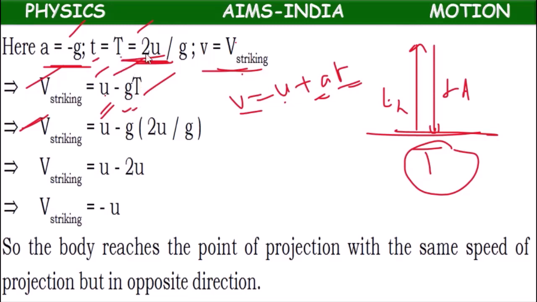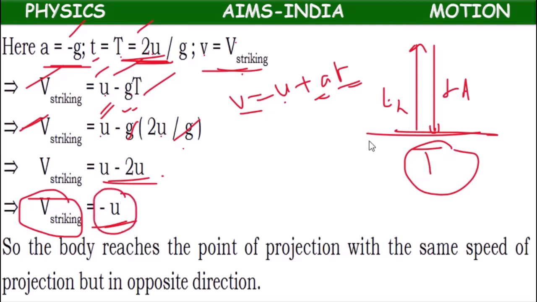We can substitute 2u by g. g gets cancelled. u minus 2u means minus u. So v striking is equal to minus u.